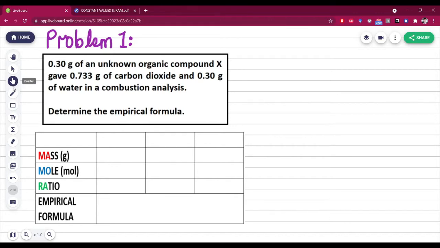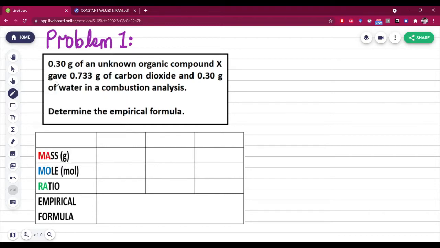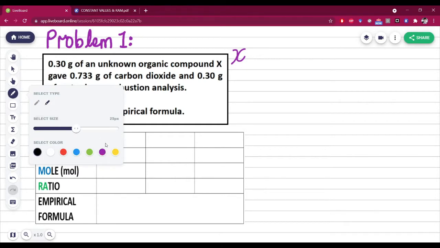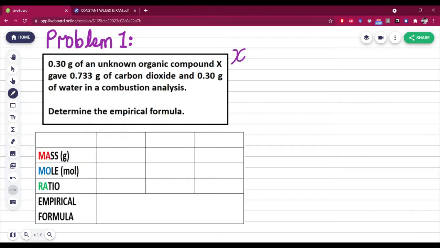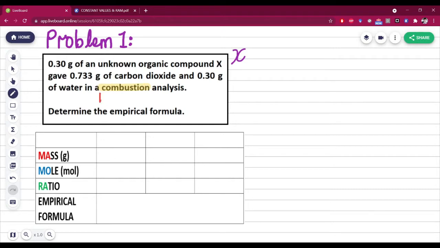When you see the word combustion, remember that this process involves burning, the burning of compound X. Combust is just another word for burning.